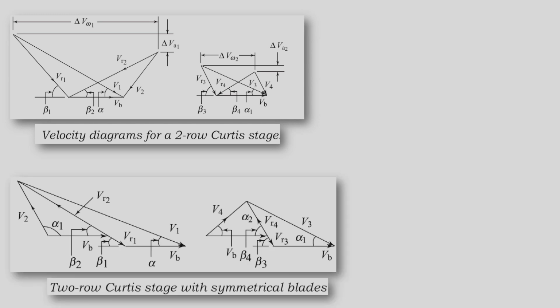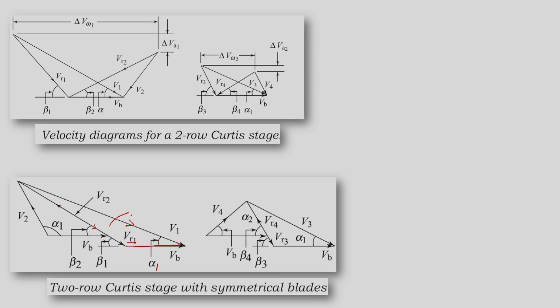Now, let us see that the same velocity diagram can be drawn by a new method. We have the inlet velocity triangle with V1, angle alpha 1, and Vr1 as the relative velocity at the entry.